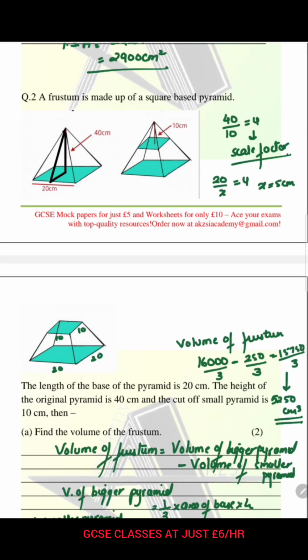If I join this one and this one from the center, this will give me the triangle and it will help me in finding it. Clearly this is 90 degrees. So the height that I'm finding is the hypotenuse. This is 20, so this is half of it, that is 10. This is 10 clearly. This height is given as 40. So I have to apply the Pythagoras theorem.